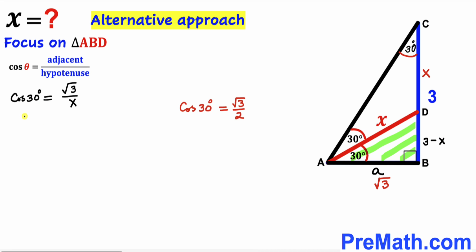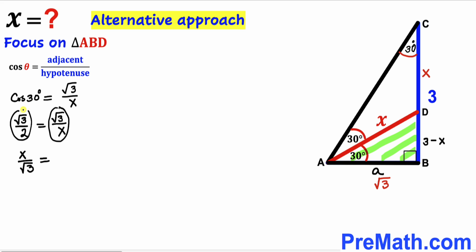So we can write square root of 3 divided by 2 equals square root of 3 divided by x. Now we are going to flip both sides over. I can write x divided by square root of 3 equals 2 divided by square root of 3.